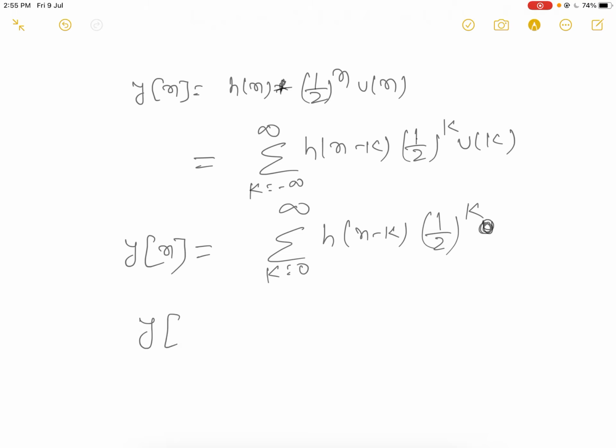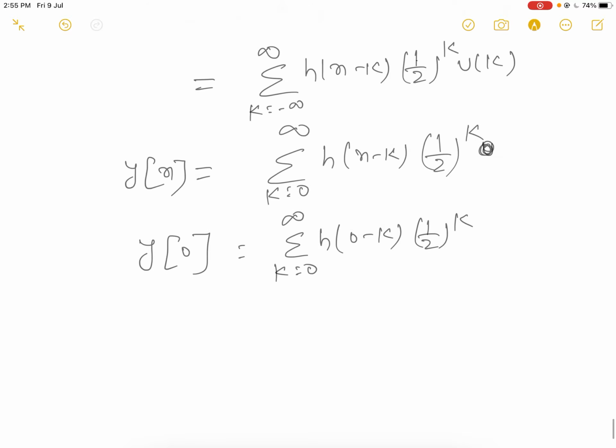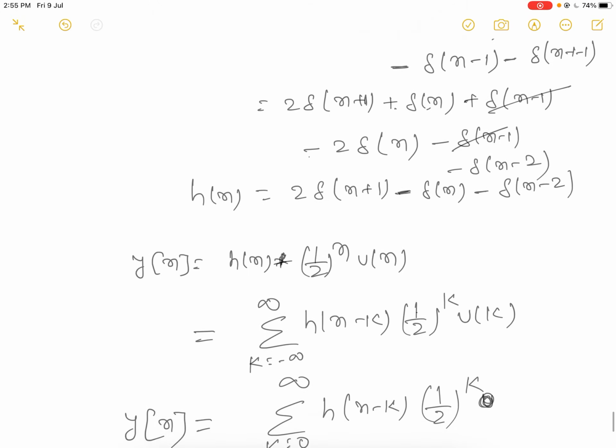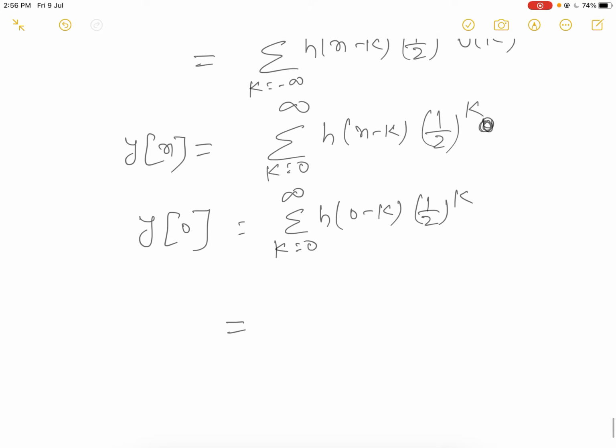Then for y[n], now put 0, then what will happen? The sum for k from 0 to infinity of h[0 minus k] and half to the power k, defined for samples at minus 1, 0 and plus 2.